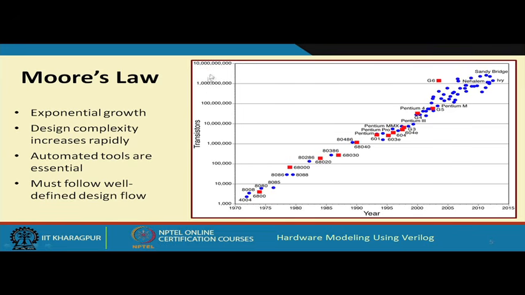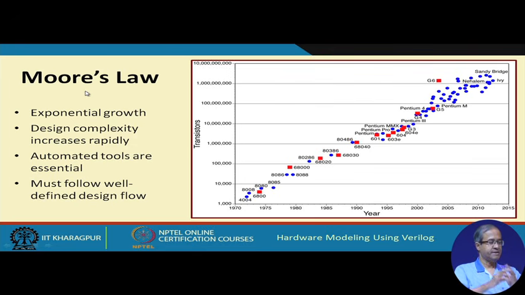Okay, this is a very interesting plot. Moore's law is a very important law in semiconductor design. You can say the persons who are into semiconductor design, they all know about Moore's law.